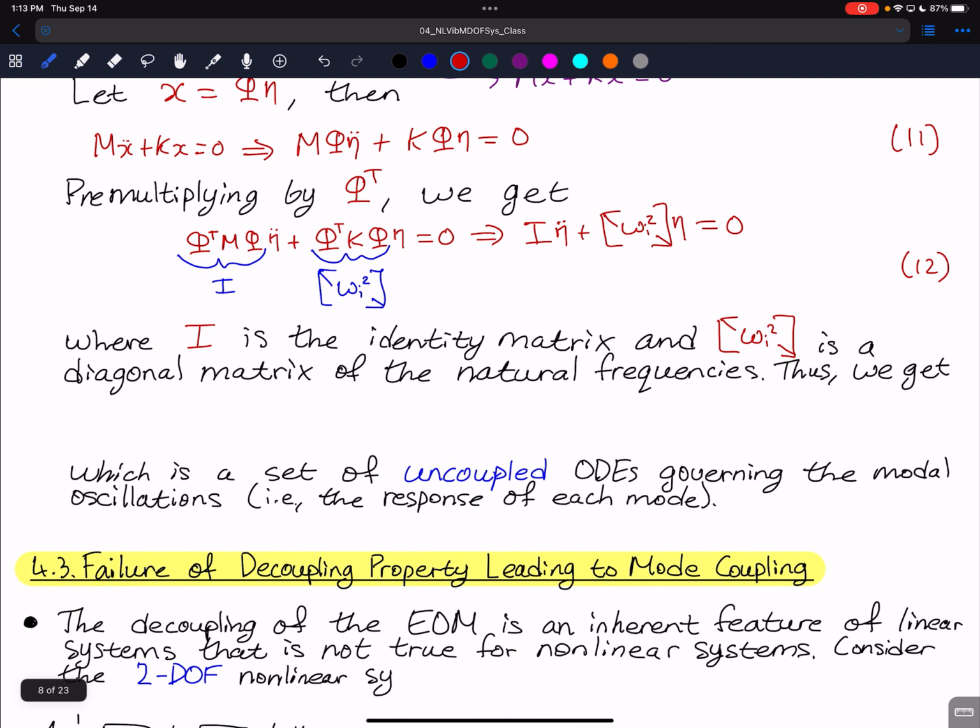From there, we end up with a set of decoupled, or uncoupled, ordinary differential equations where eta i double dot plus omega i squared times eta i is equal to 0.